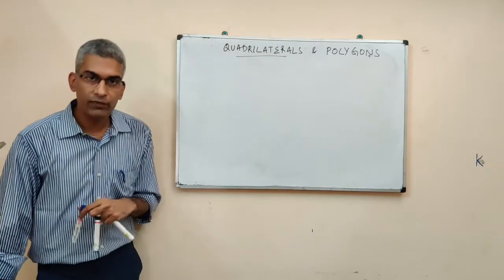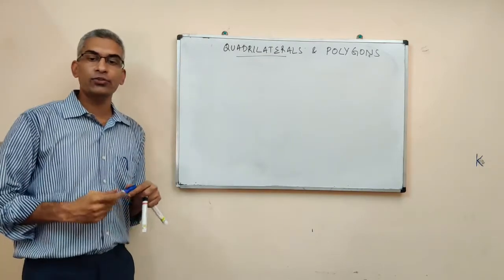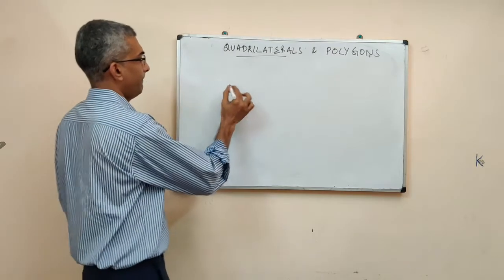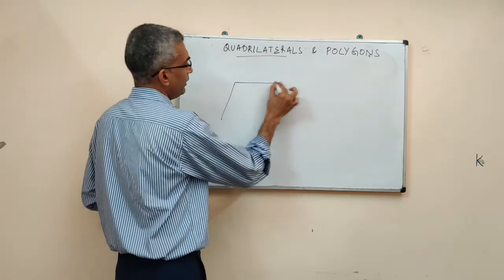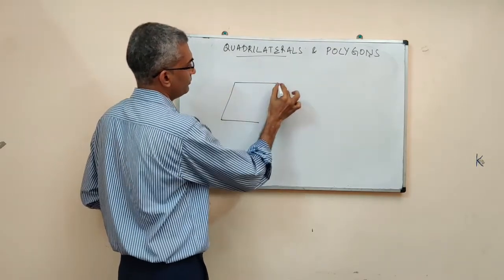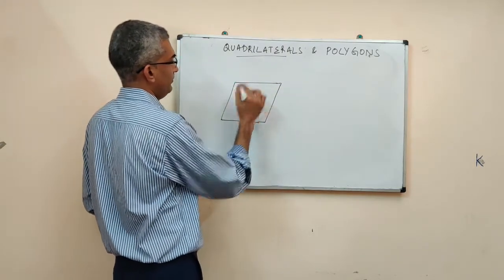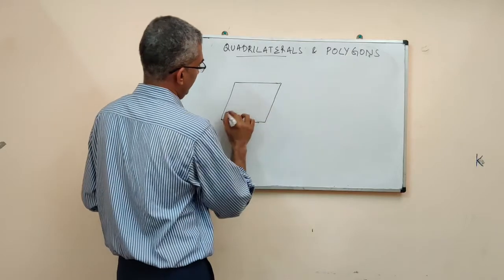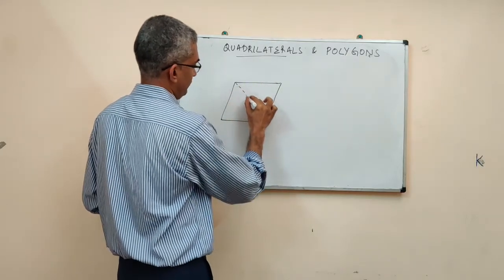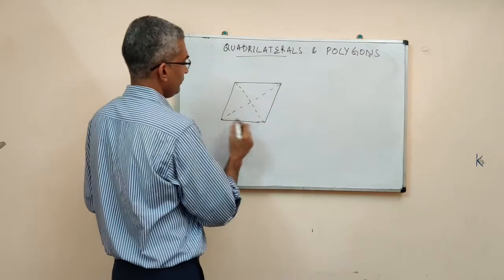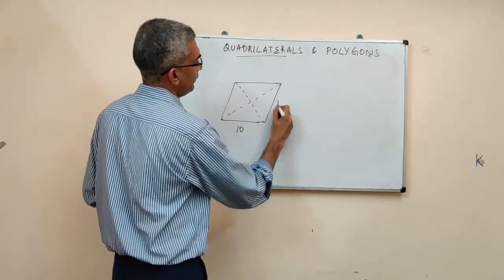Now that we are familiar with these quadrilaterals, let us do a couple of problems. Let's say you have a rhombus of side 10 centimeters.